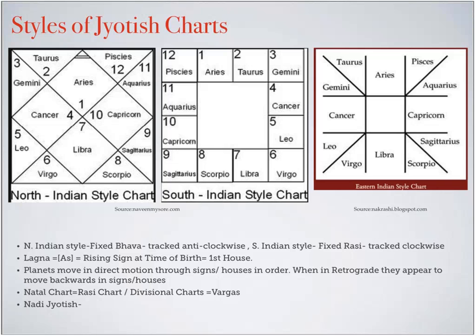Okay, so covering the styles of Jyotish charts. There are many different styles of Jyotish in India, actually, and I'm just showing you 3 out of, I think, 5 or 6 styles, and we will focus on either the North Indian or South Indian. Because I have been studying the South Indian style, I tend to favor that more. And there are differences here, right?